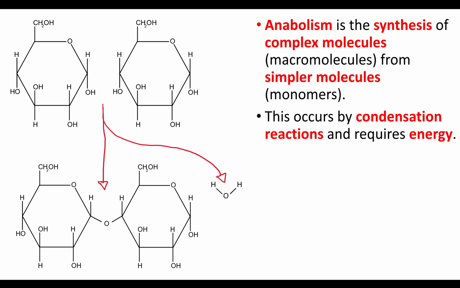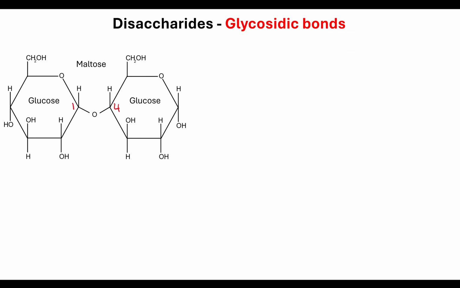So what we've done is we've actually had a reaction occur, and this reaction is called a condensation reaction because water is formed as a byproduct. So the water has been removed, and what we are left with is a covalent bond holding the two monomers now together in a disaccharide form.